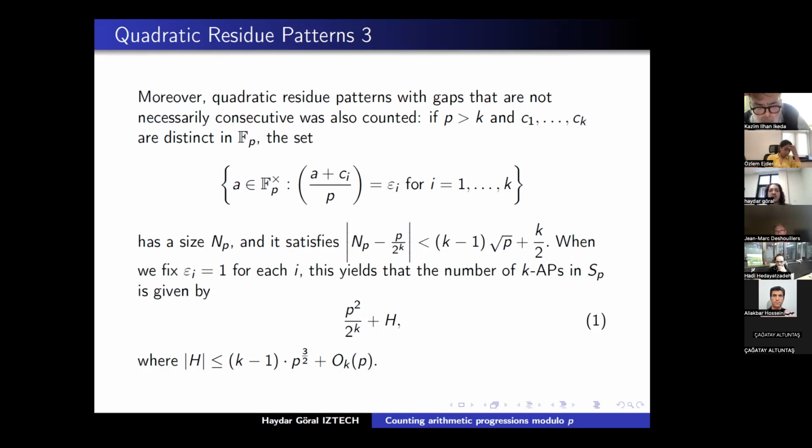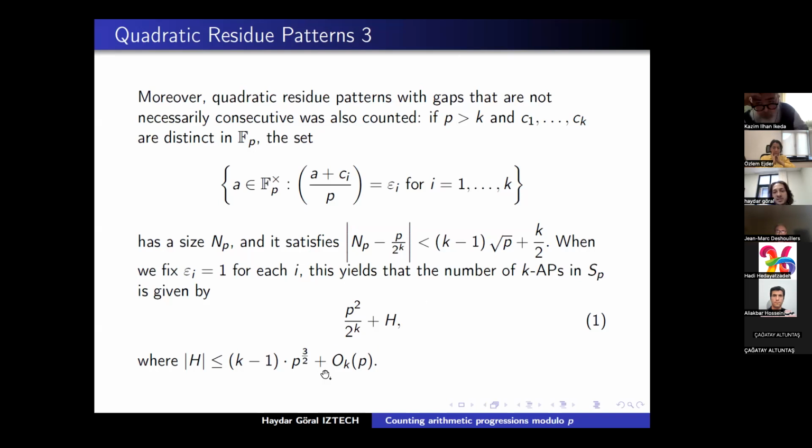So if you multiply everything by p, more or less, the number of KAPs in squares is given by the main term p squared over 2 to the k, and you get an error term. You multiply the error term by more or less p, so here you get k minus 1 times p to the 3/2.